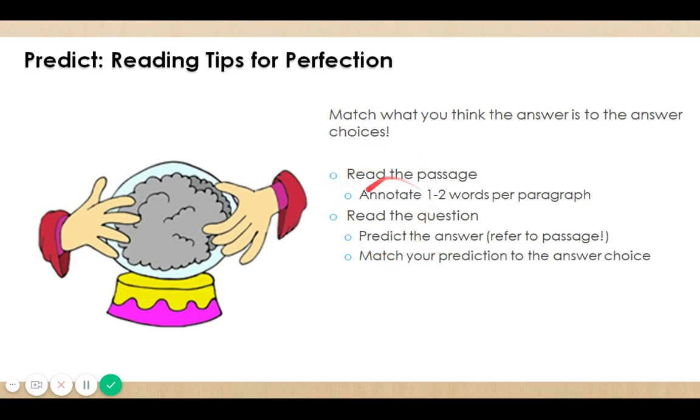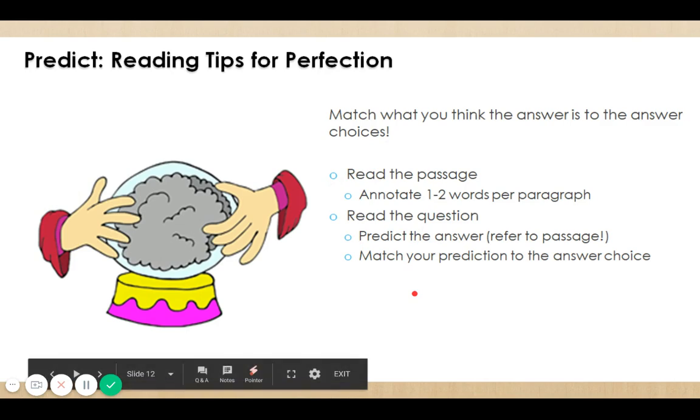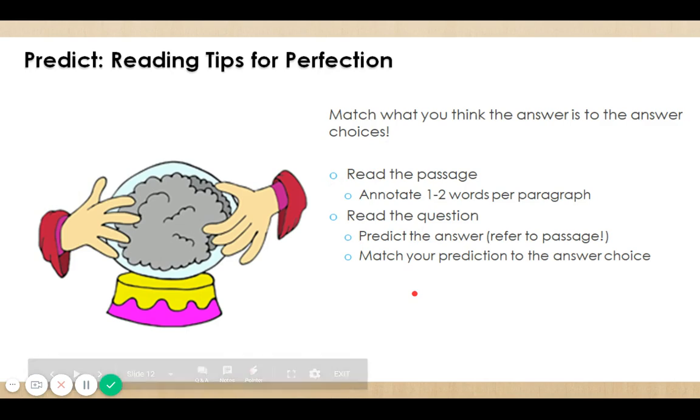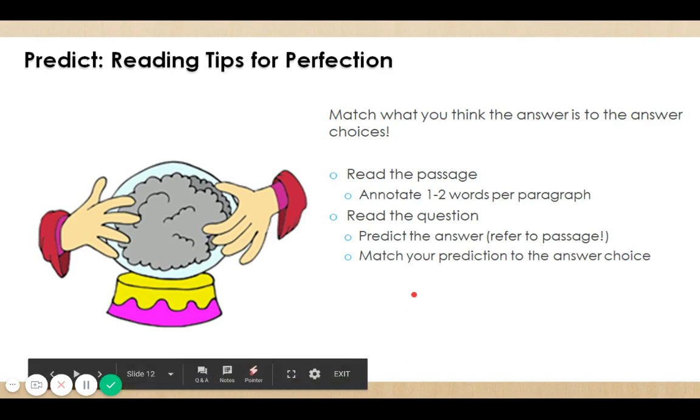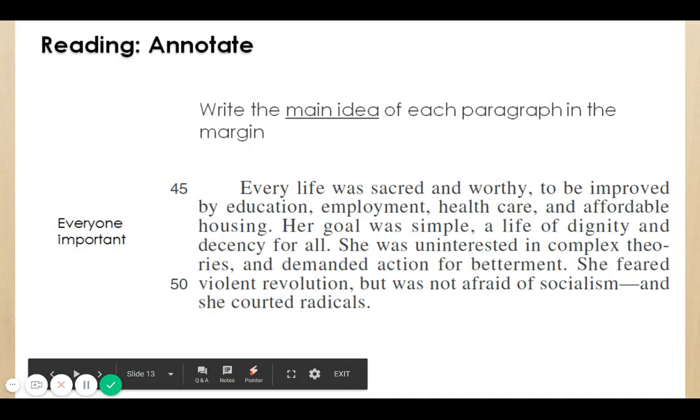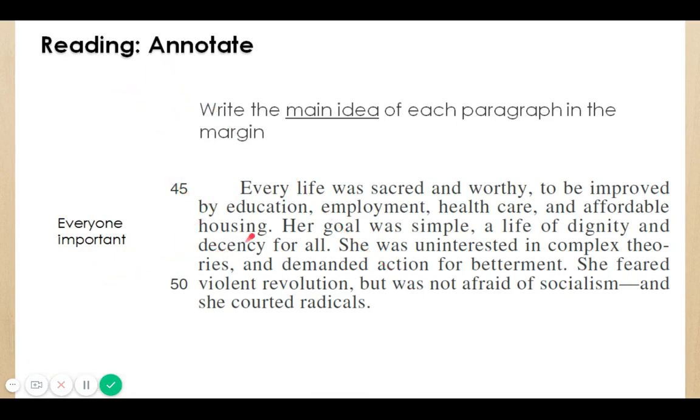So the overall strategy is read the passage, annotate 1 to 2 words per paragraph, then read the question, predict the answer. I want you to refer back to the passage and match your prediction to the answer choice. So we're going to do this on just a paragraph. So when you read, I recommend annotating. So if I look at this one, and when I annotate, I would annotate 2 or 3 words per paragraph.